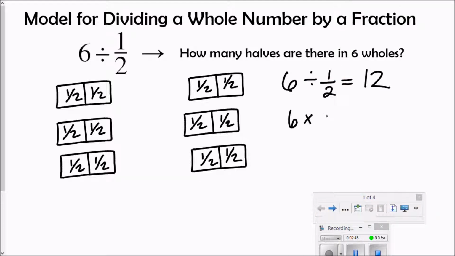So it's going to be 6 times 2 over 1. Now, just for consistency here, I'm going to write a 1 underneath my 6.